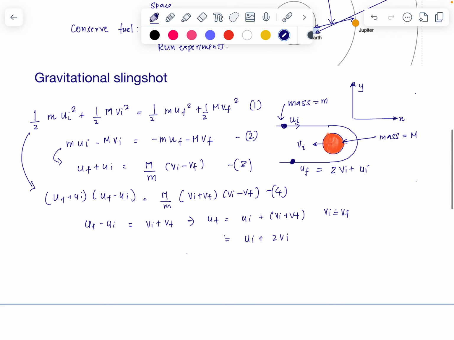You can actually show exactly, if you solve the equations by finding the value of vf and substituting it in, that uf equals ui times (1 minus little m by capital M) plus 2 vi, divided by 1 plus little m divided by capital M. And since little m is much less than capital M, we have uf equals ui plus 2 vi.